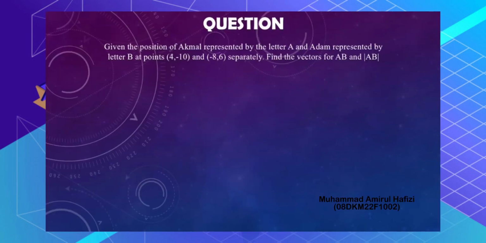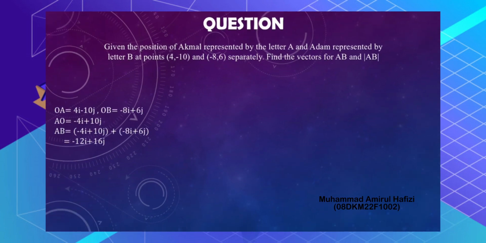Now, let's move to the next question. Given the position of Akmal represented by the letter A and Adam represented by letter B at points (4, -10) and (-8, 6) respectively, find the vector AB and magnitude AB. OA equals 4i minus 10j, OB equals -8i plus 6j.